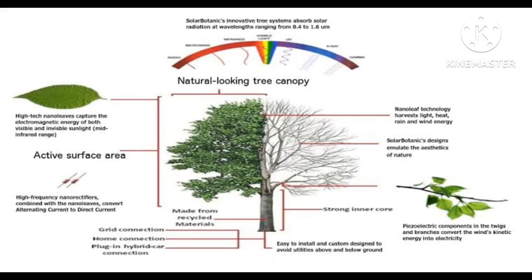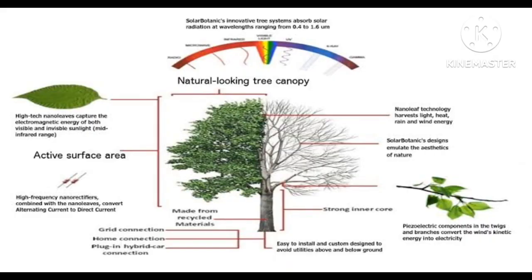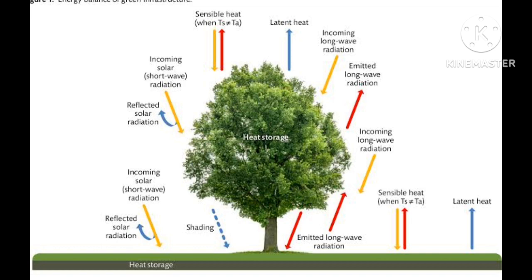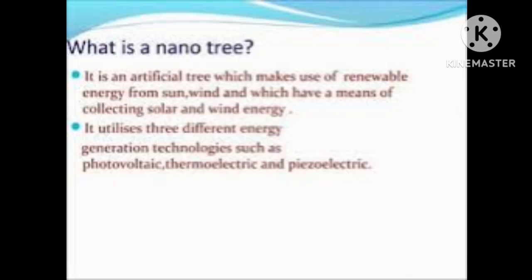Solar botanic renewable energy sources using nanotechnology means we use an artificial tree which produces electrical energy. This solar power tree is a structure designed like our natural trees, with branches, trunk and leaves.